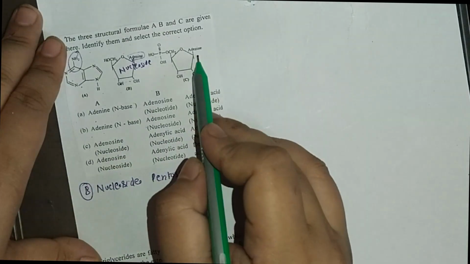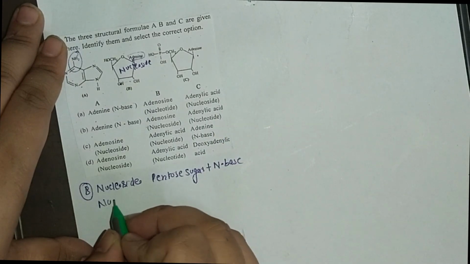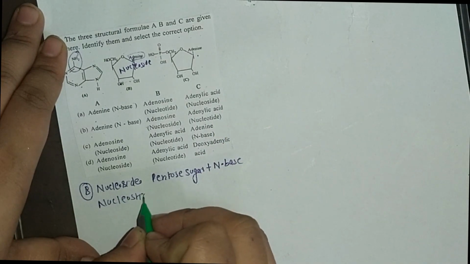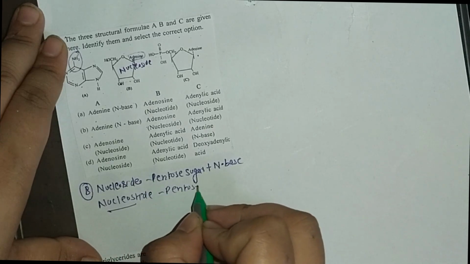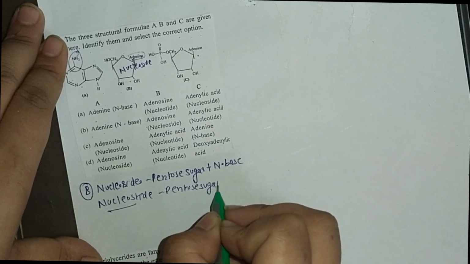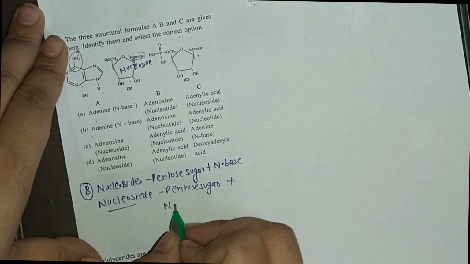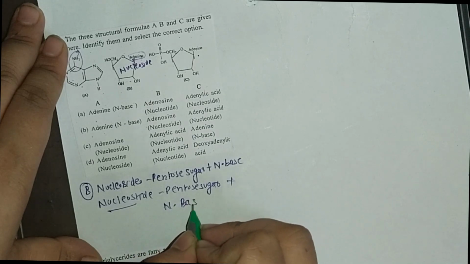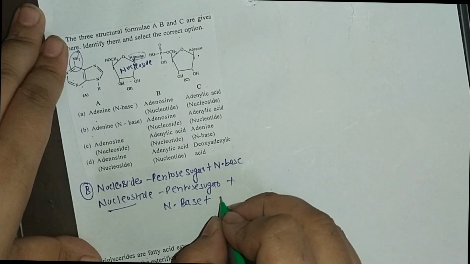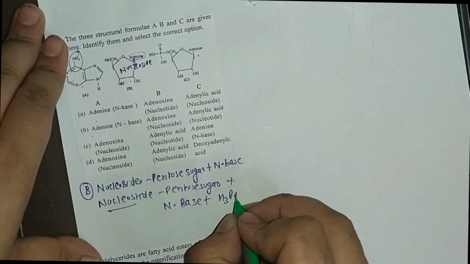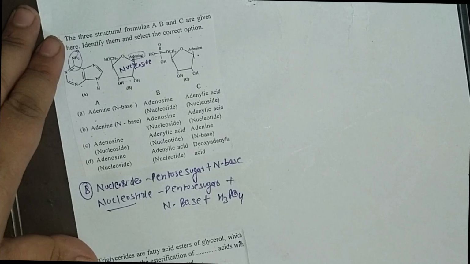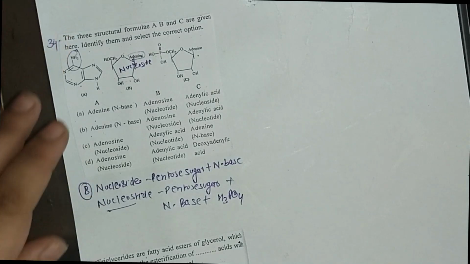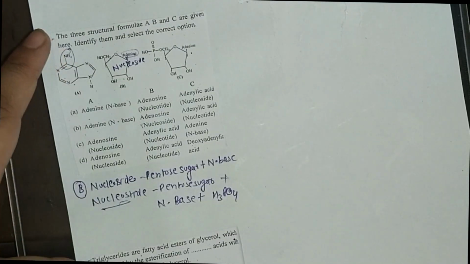Third, a nucleotide, because we have studied that when a pentose sugar is bound with a nitrogenous base plus phosphoric acid H3PO4, which can be single or double, this depends, that structure is known as a nucleotide.